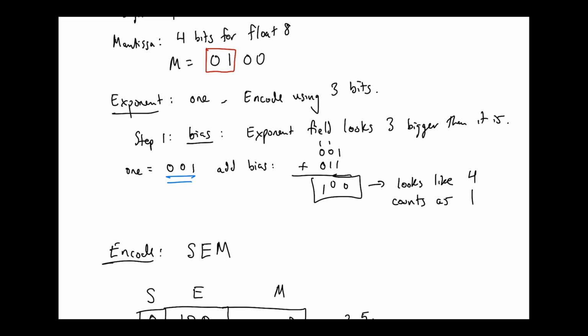So I take the exponent just written down in binary, and I'm going to add the bias to it. Add 3, and I got 4, or the bit pattern 100. That's what I'm going to put in the exponent field, the thing that looks bigger than it really is. And yes, I know that's annoying.